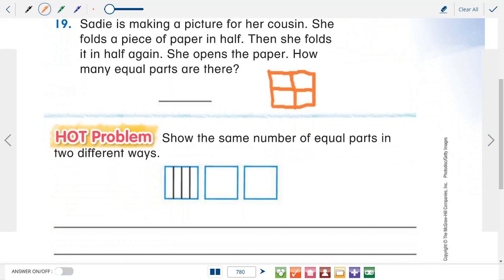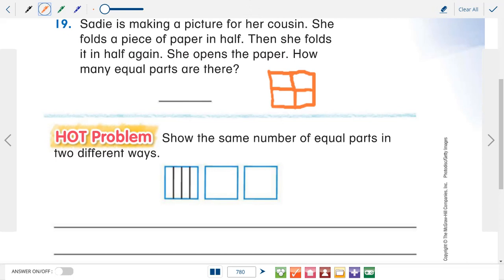Show the same number of equal parts in two different ways. So they gave us the first way. They cut the first square into 4 equal parts. Count them. 1, 2, 3, 4.